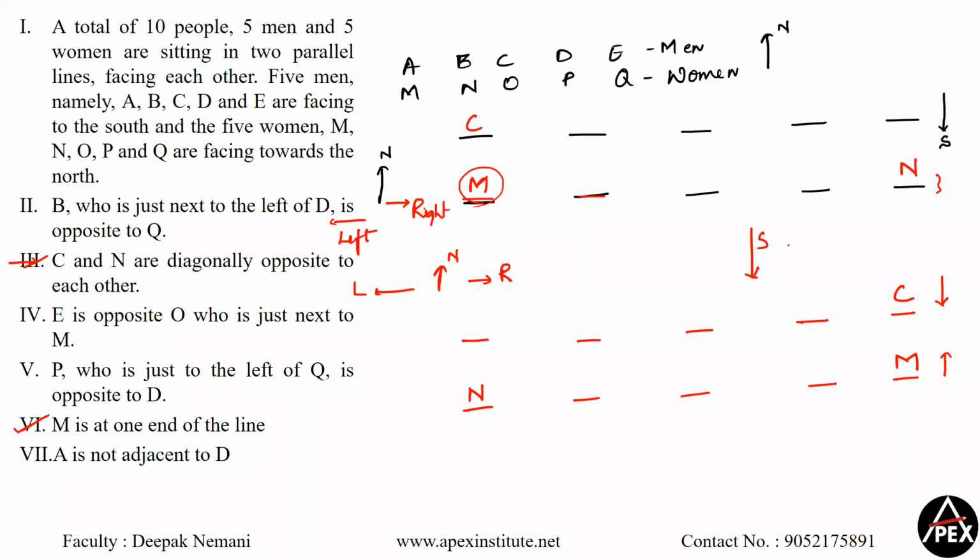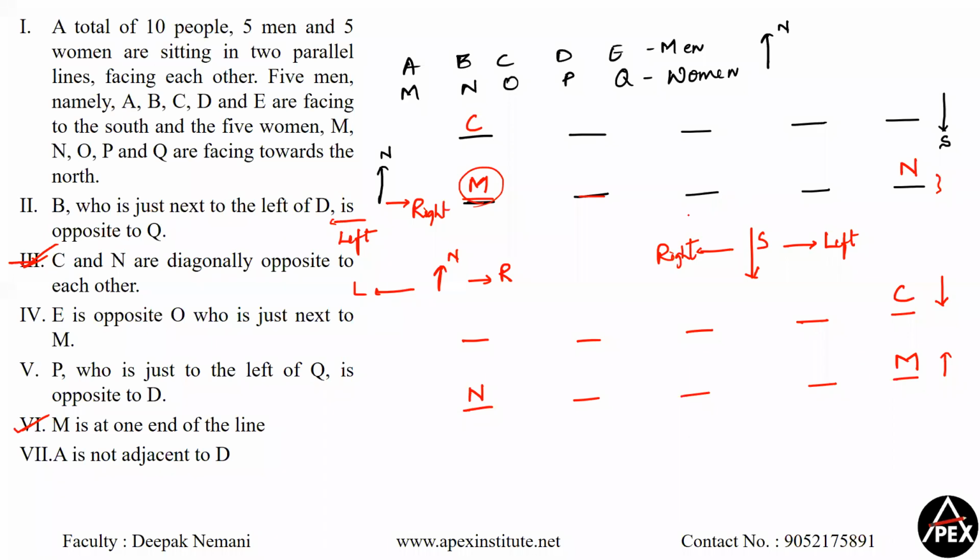So when they face south, this will be their left and this will be their right. Other than this, it is similar to the previous question only. So we have considered 6 and we have considered 3. Now we have positions of C, M and N.